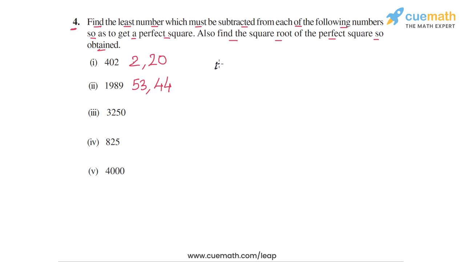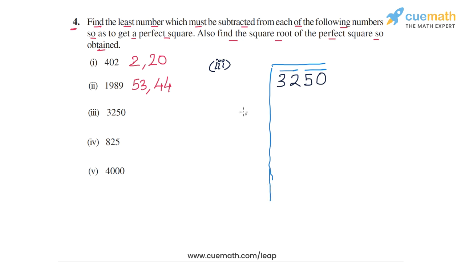Now coming to part 3, the number in part 3 is 3250. So let's apply the division method to this number. So we put a bar over 50 and over 32, and now we can apply the division method to calculate the square root.